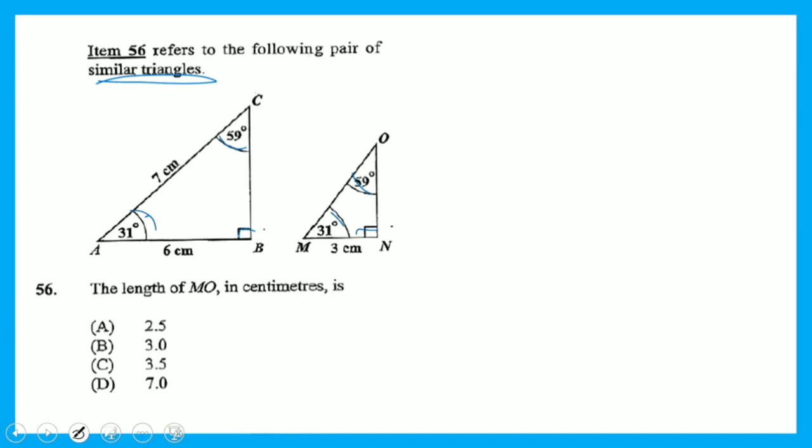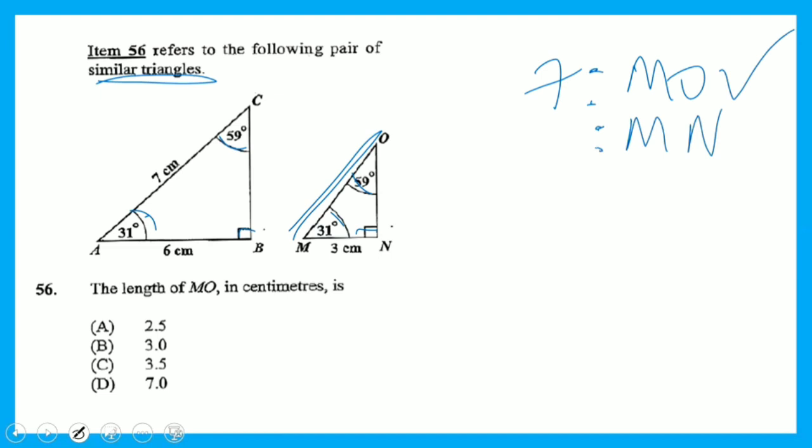We need to find the length of MO. MO can be compared to the side 7 centimeters, which is AC. They're in the same position. What are two sides that we know on the different triangles that are proportionate to each other? That is going to be, on the triangle on this side, MN.